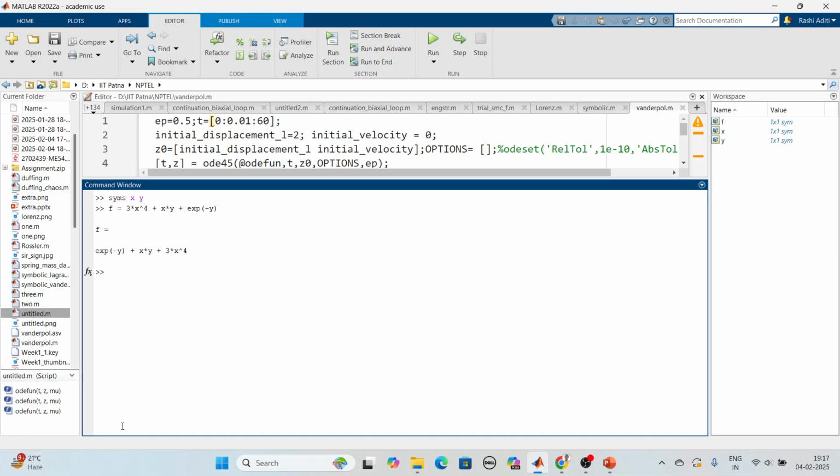Let us suppose this is my function. My function is dependent on both the variables x and y.